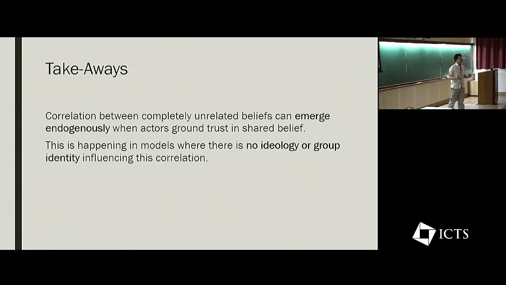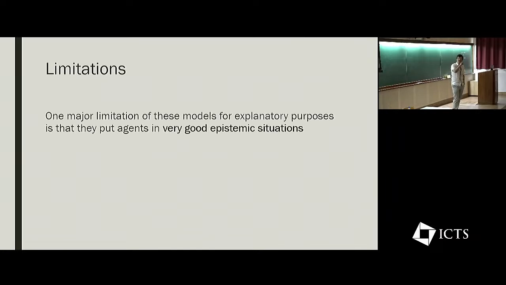It's just happening endogenously because of who they're paying attention to, and they capture each other and then tend to diverge. But they do so in a correlated way. Okay, so we take this as a how-possible model, how you could get factionalization to occur with agents actually paying attention to evidence, unlike in the Axelrod model, but also not having any kind of ideological explanation. Nonetheless, there are limitations here.